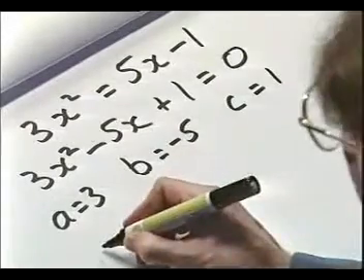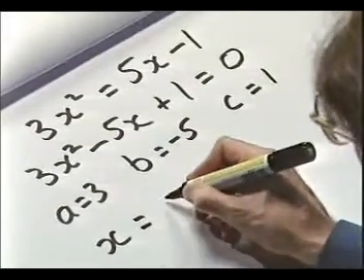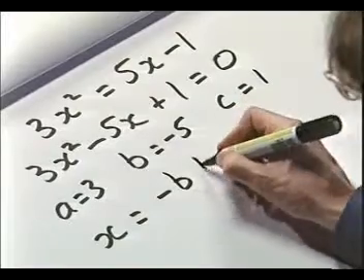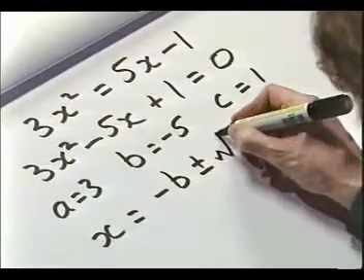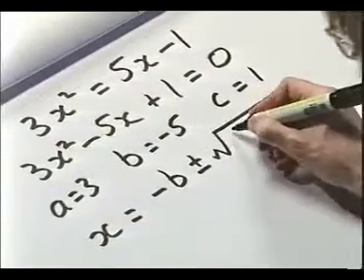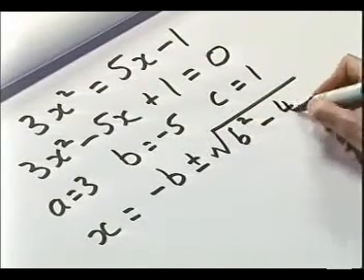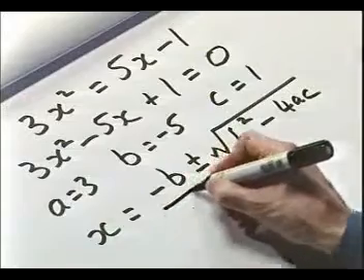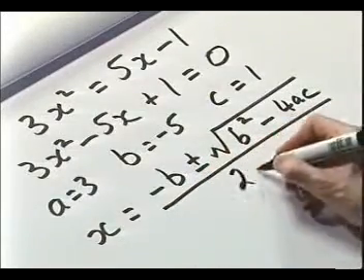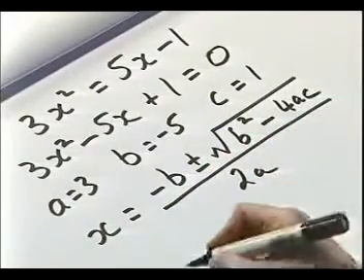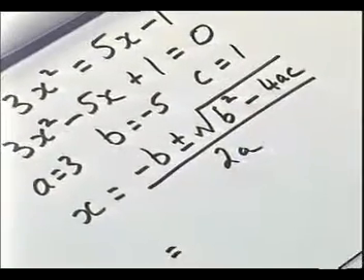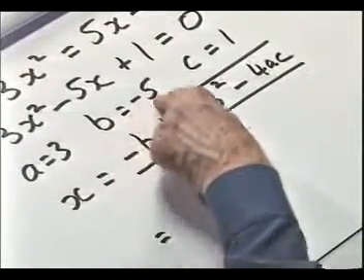Again, let's write down the equation. x is minus b plus or minus the square root of b squared minus 4ac all over 2a. And make the substitution. b is minus 5.